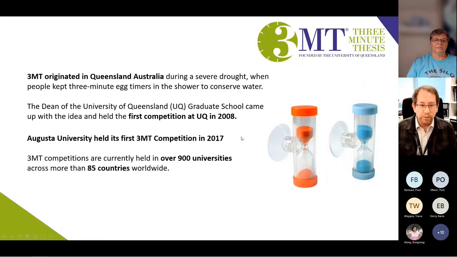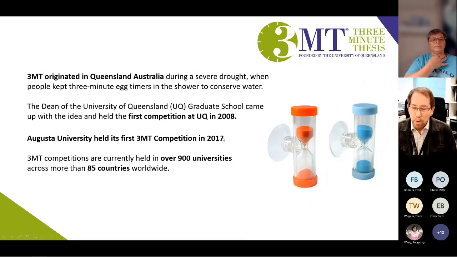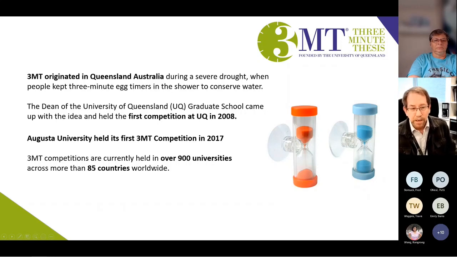Augusta University had their first competition in 2017, and the benefits of this competition, mostly for the students, but of course for the mentors and the institution as well, were recognized so widely that it's now held at over 900 universities in 85 countries across the globe.